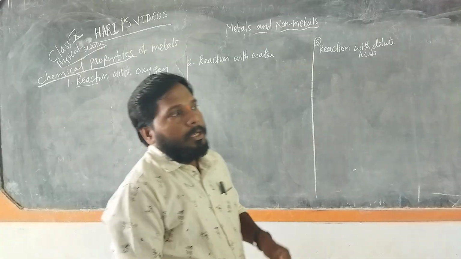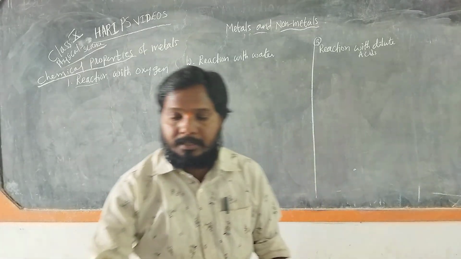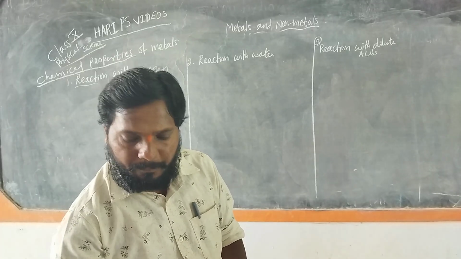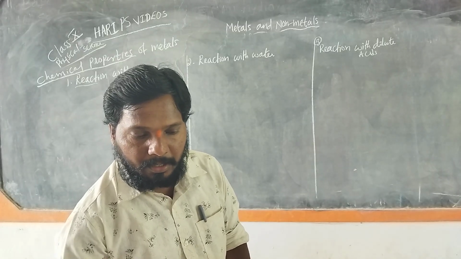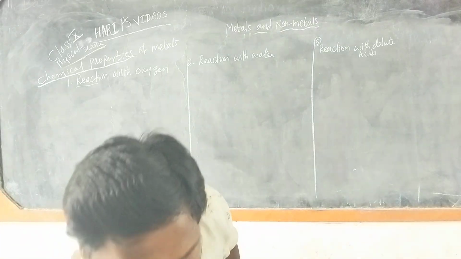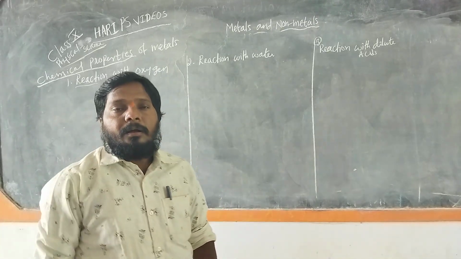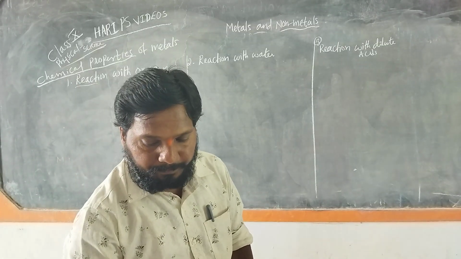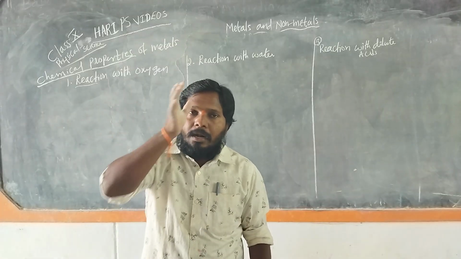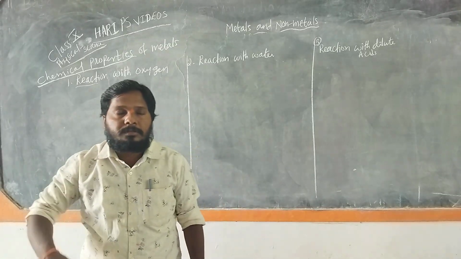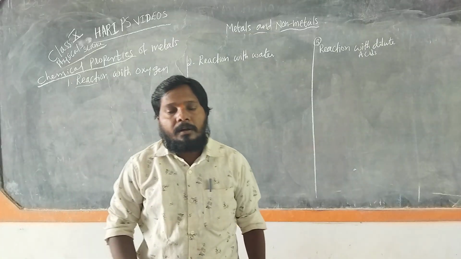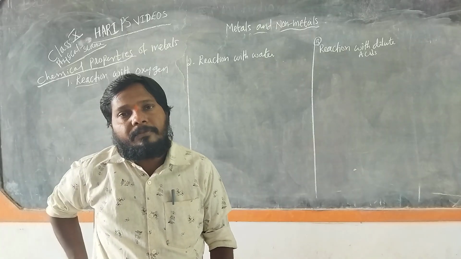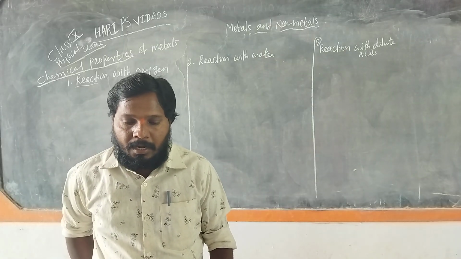So let's discuss the chemical properties of metals and non-metals. Based on chemical properties, there may be a chance to classify the elements, because metals and non-metals show different chemical properties.